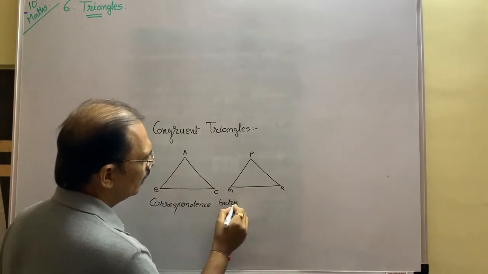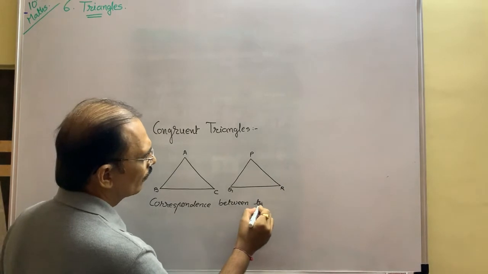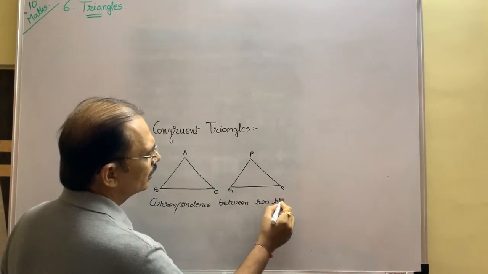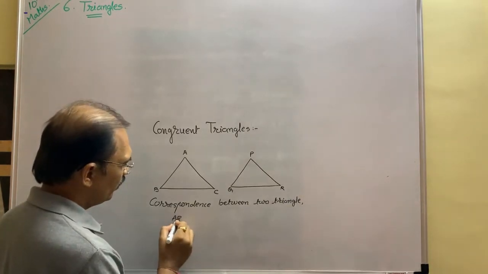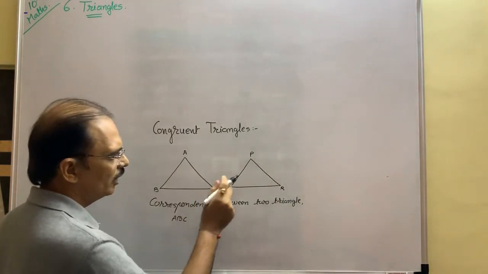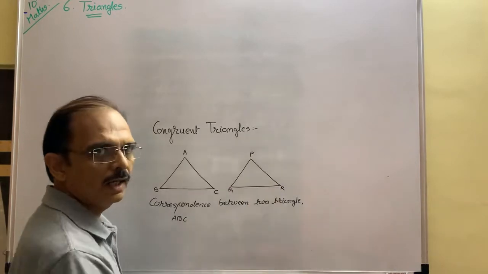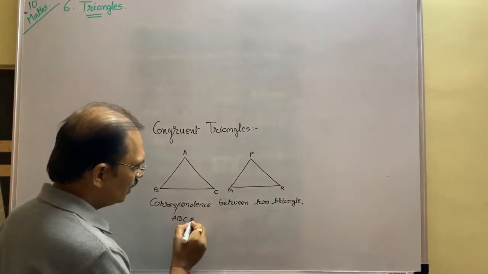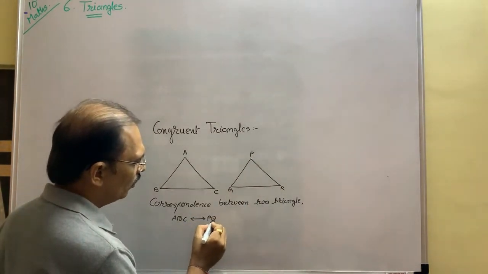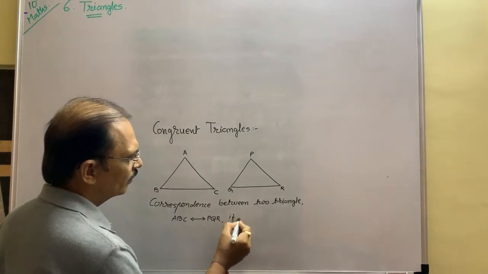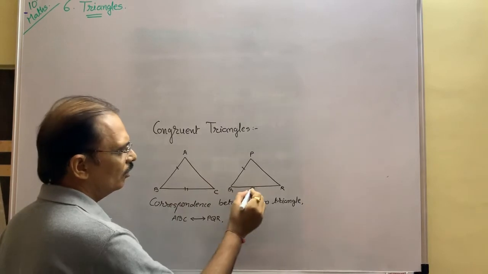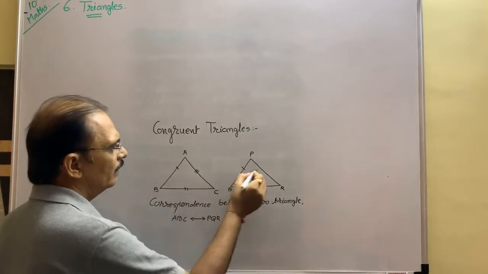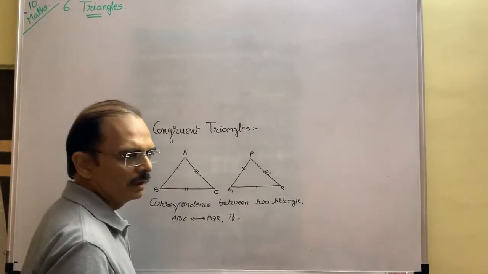We take correspondence ABC corresponding to PQR. If AB congruent to PQ, BC congruent to QR, and AC congruent to PR.